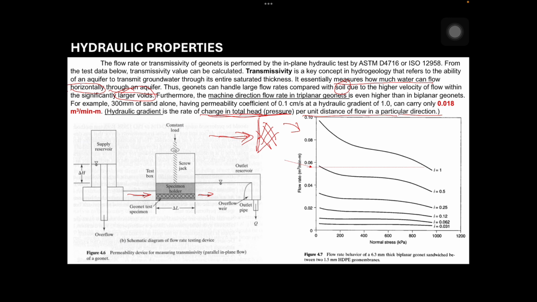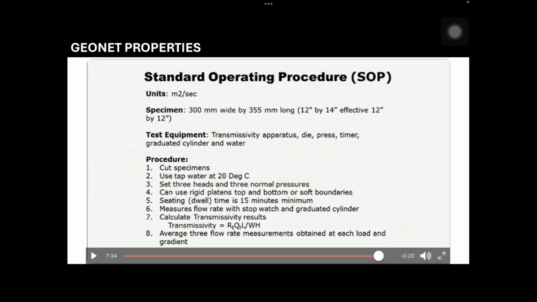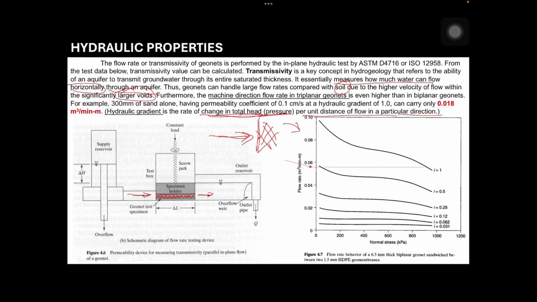So, Geonet provides drainage by its planar direction. Because it has holes, it has apertures. Because of those apertures, it has voids. So, by providing voids in the depth of your soil, say you have soil, since geonet has apertures, when you insert geonet there, it still has a corresponding thickness. So, it has holes here and holes there.